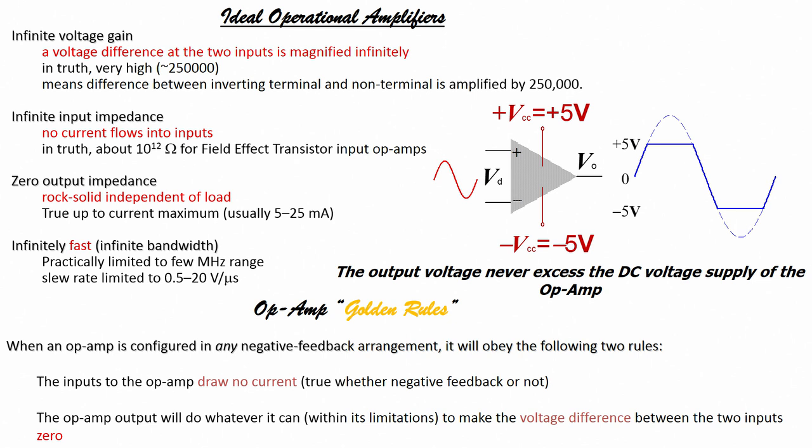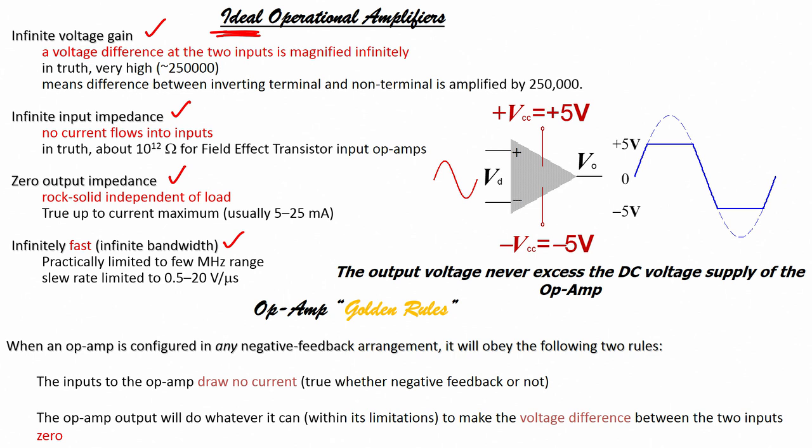It is not infinitely fast, but it is extremely fast, limited to a few megahertz range. These are the cases of practical op amps. The first one, the one that I am taking here, has all the characteristics of an ideal operational amplifier. Ideal operational amplifier, very easy.